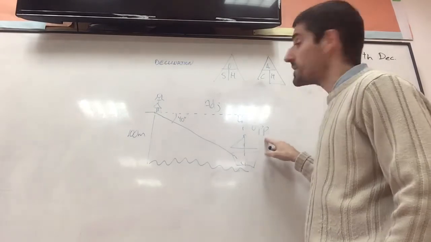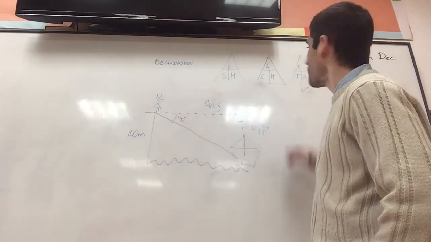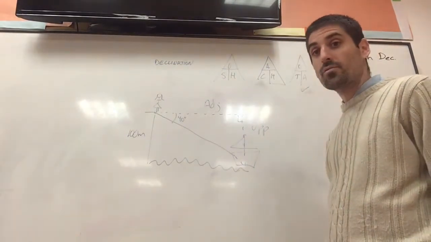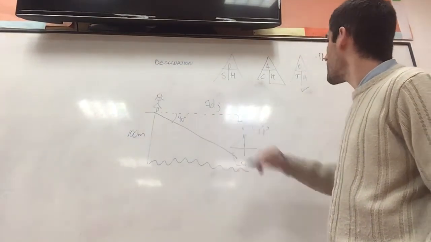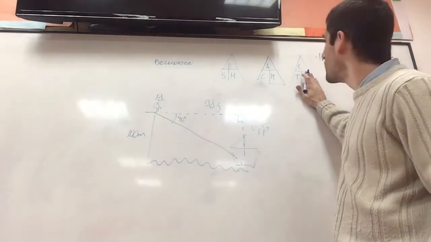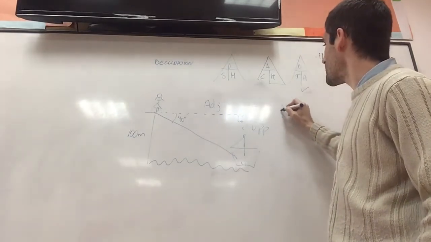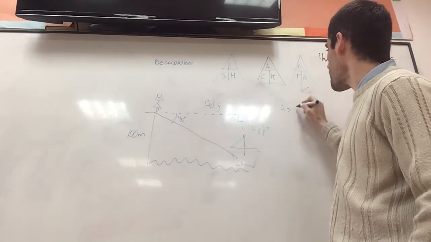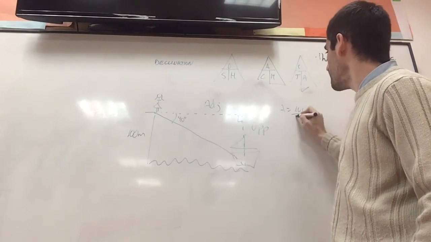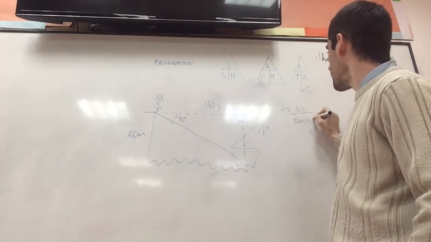I know the opposite, so again, I'm going to be using the tangent ratio. So to find the adjacent side, I cover the A, and I've got O over T, so that means that the adjacent is going to be the opposite, 100, over the tan of 40.